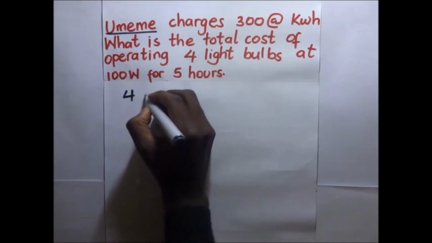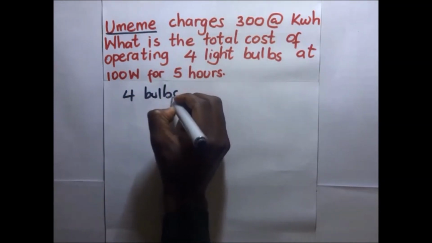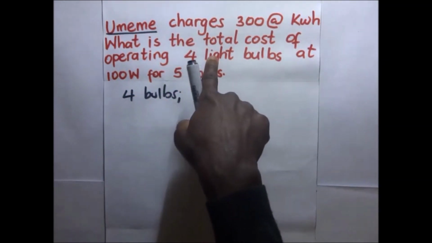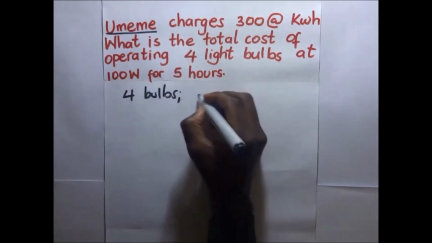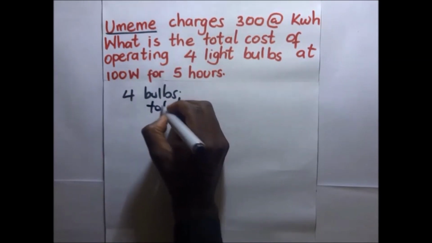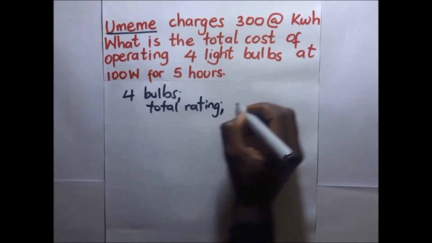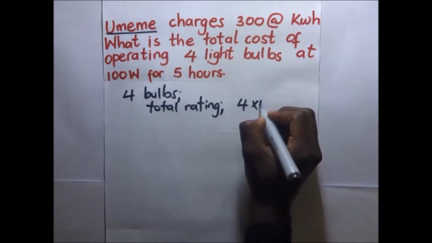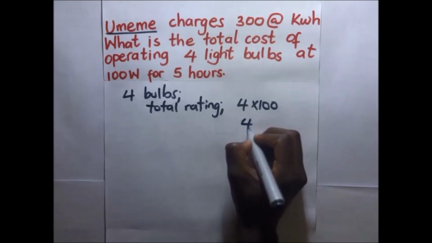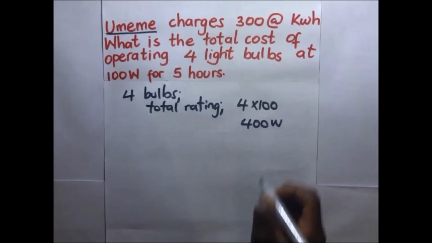So we have 4 bulbs, and each of these bulbs is rated at 100 watts. So the total rating for these bulbs is going to be 4 bulbs times 100 watts, so it's going to be 400 watts.